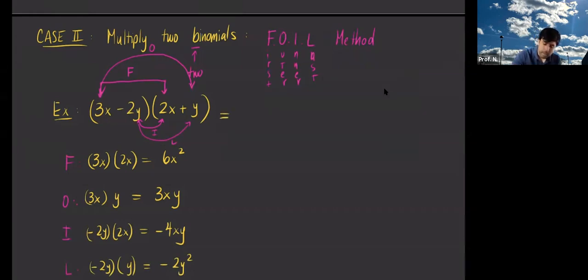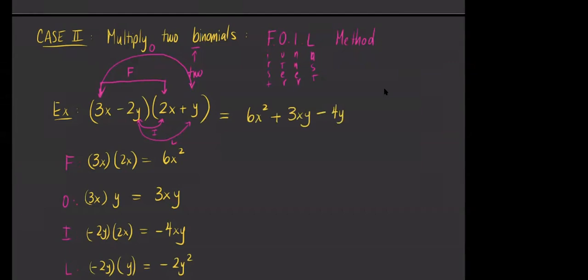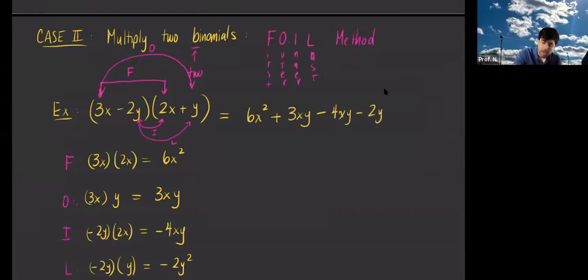And so then this equals 6x squared plus 3xy minus 4xy minus 2y squared. But what do you notice? You can combine the outer and inner terms, right? Because they're like terms.